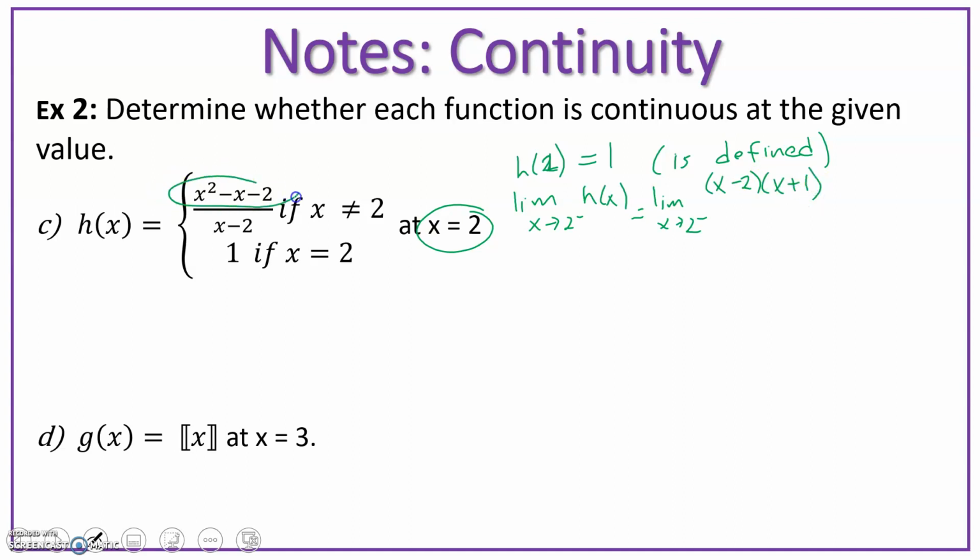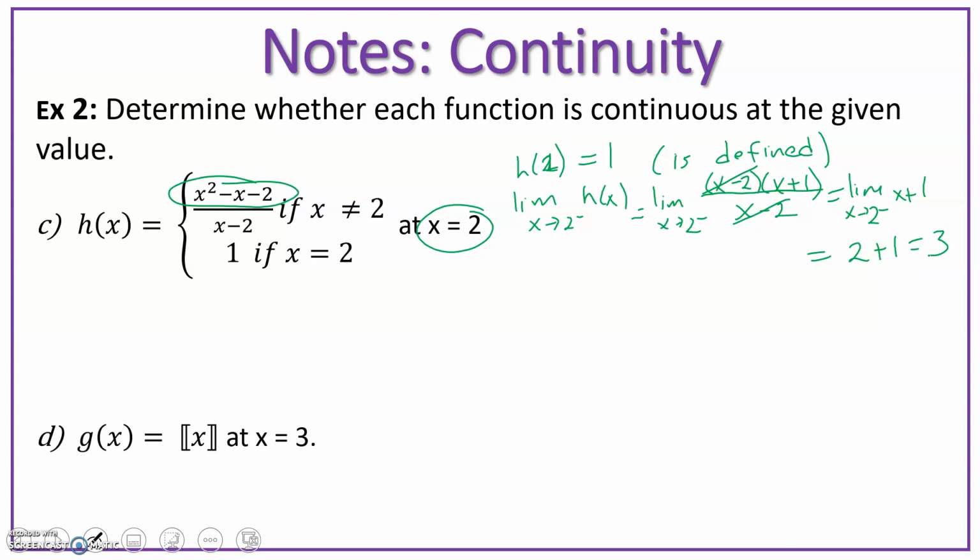And do note that's just this numerator here, factored out, over x minus 2. And the awesome thing about that is we can see that those factors cancel each other, leaving me with the limit as x approaches 2 from the left of x plus 1. And then simply doing our direct substitution, we're going to get 2 plus 1, or 3.